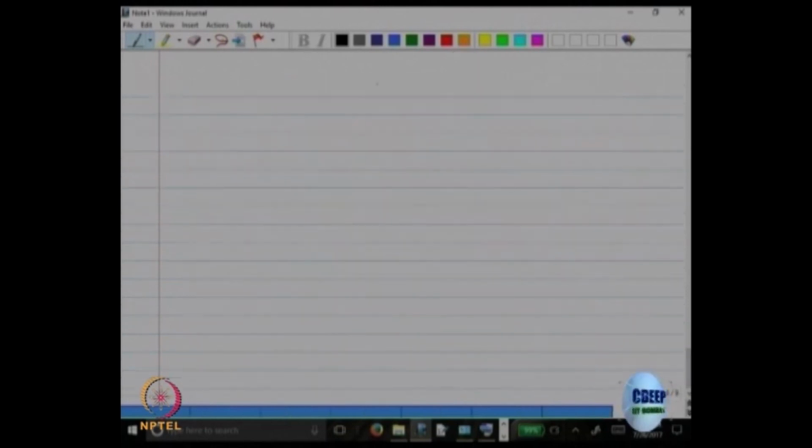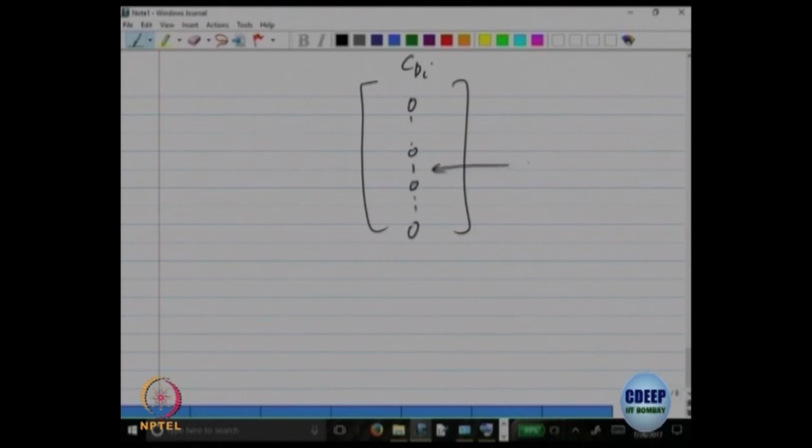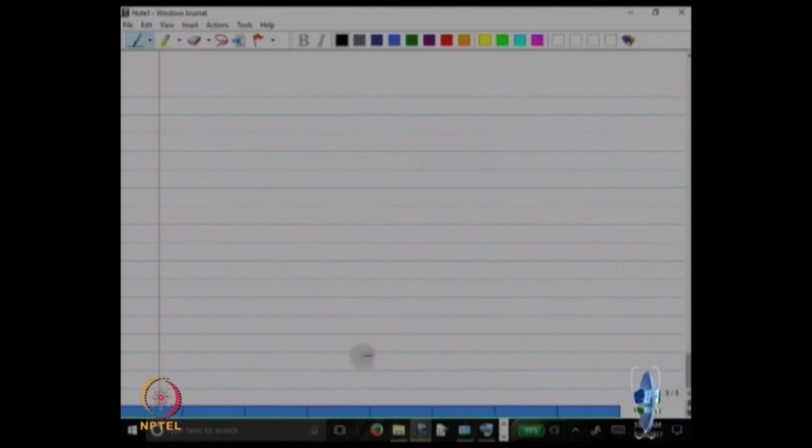Means the column looks like this: 0, 0, 1, 0, 0, and this place is the ith entry. The ith row is non-zero, we are describing the non-zero rows. So the first non-zero entry is 1, everything else is equal to 0.